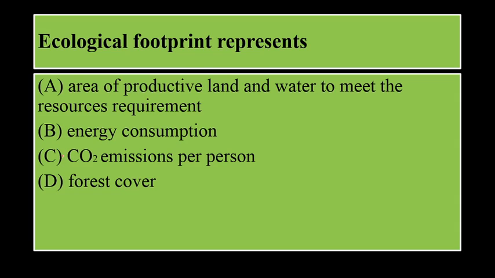Ecological footprint represents the area of productive land and water to meet the resource requirement, energy consumption, CO2 emission per person, or forest cover. So ecological footprint basically represents the area of productive land and water to meet the resource requirement.